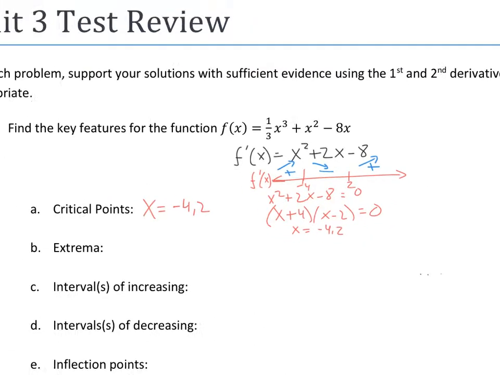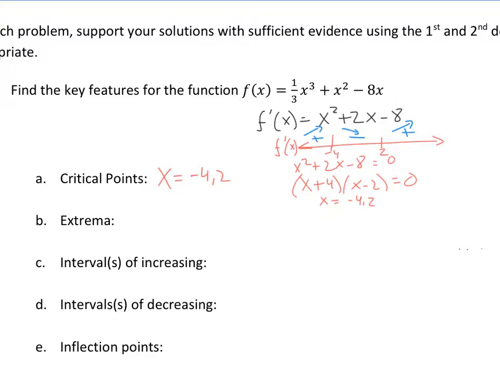So that means we've got some extrema. We're going to have right here a maximum. So we have a max at x equals -4. And we have a min at x equals 2. We don't care about the y values right now, just those are our x values.